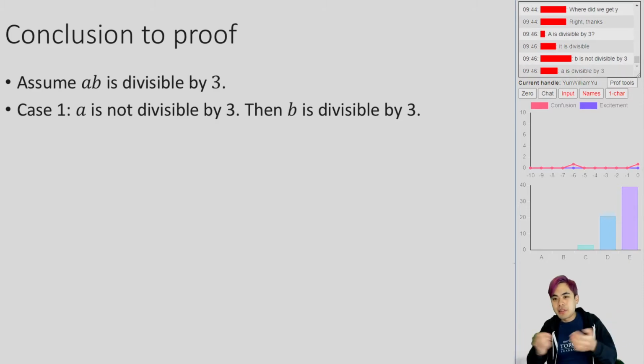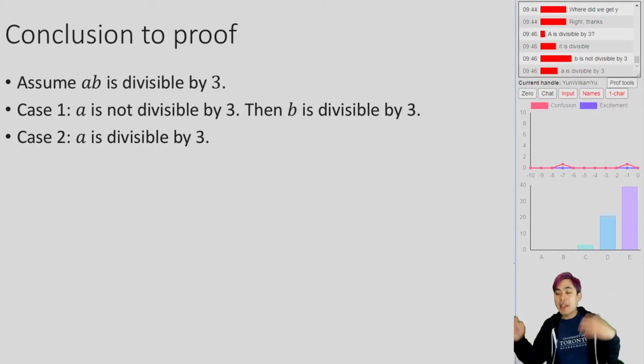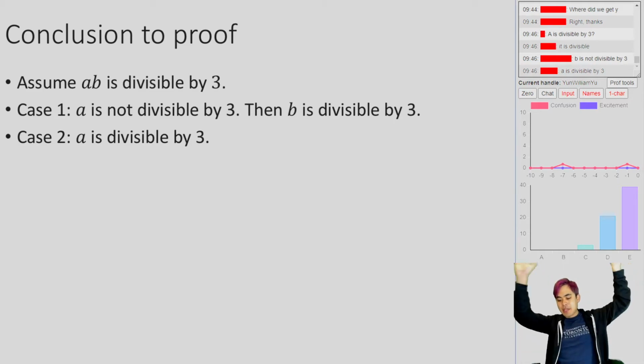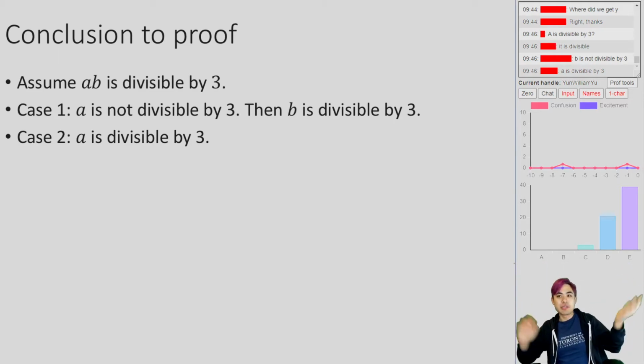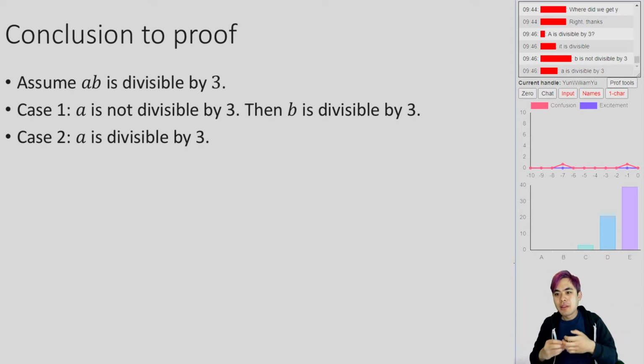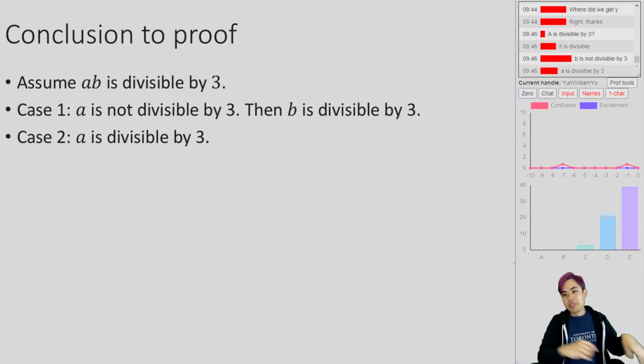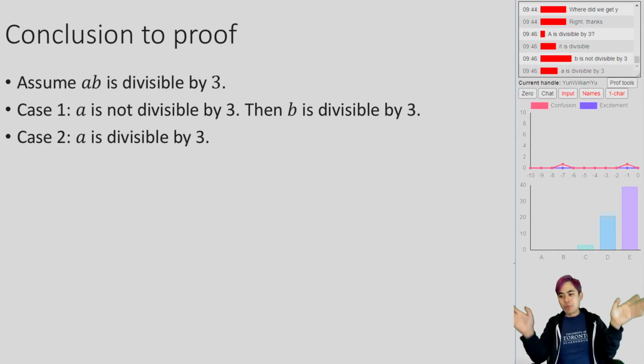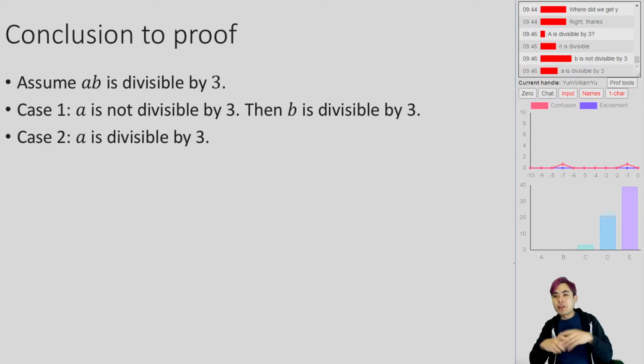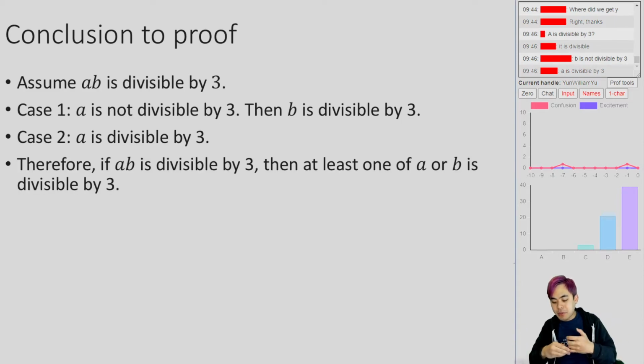Yeah, so case 2 is A is divisible by 3. In case 1, you're considering the case when A is not divisible by 3. In case 2, you're considering the case when A is divisible by 3. But these are the only two cases. Either A is divisible by 3 or it's not. It can't be somewhere in between. And therefore, in both of the cases, at least one of the two is divisible by 3. So if AB is divisible by 3, then at least one of A or B is divisible by 3.